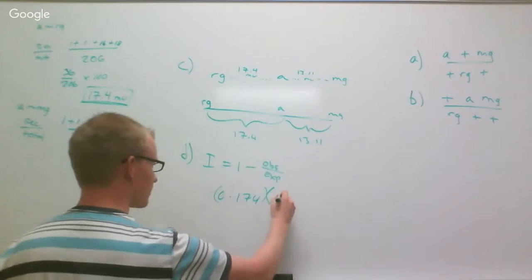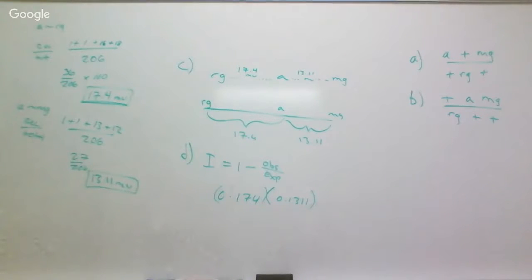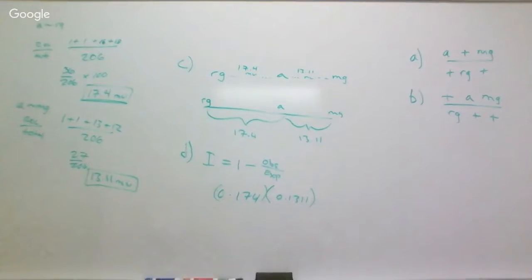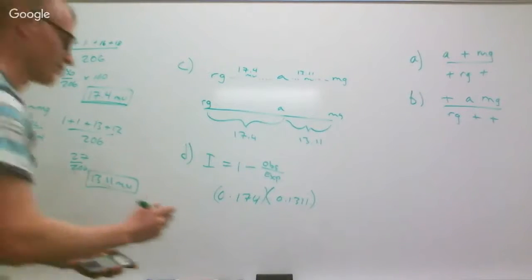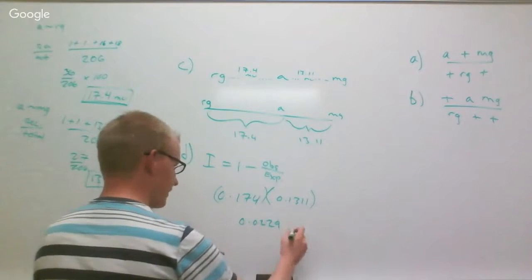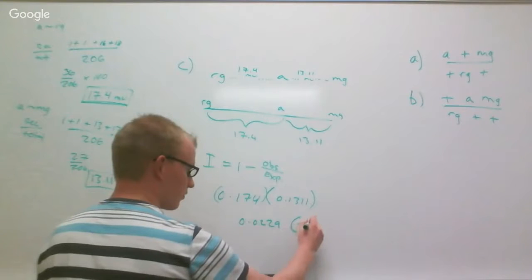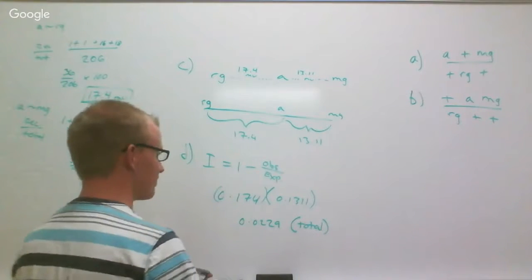So we'll go 0.1311. And that gave us, let's see, probability-wise, it's going to be 0.0229, and you need to multiply this by the total offspring to then find the number of expected double crossovers.